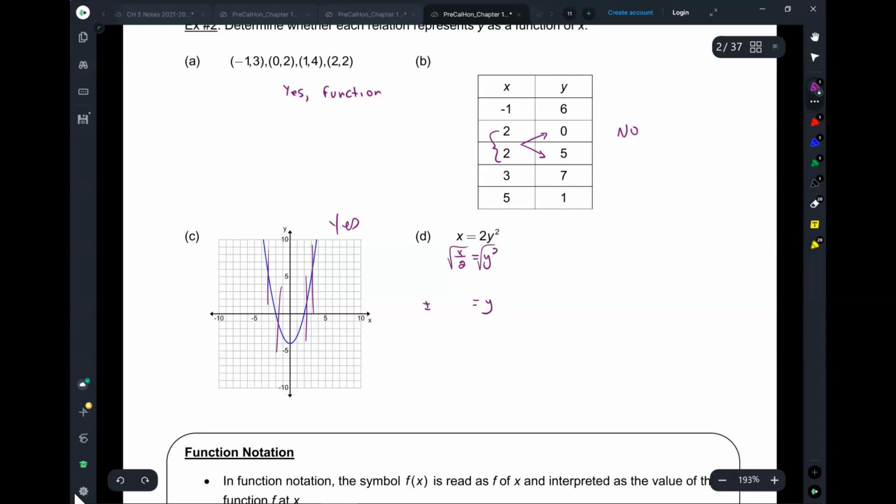Y is plus or minus root x over 2. What that means is, suppose x equals 5, right? Then what does y equal? Y would equal positive root x over 2 and negative root x over 2. Because y can equal two different values at the same time, it is not a function.